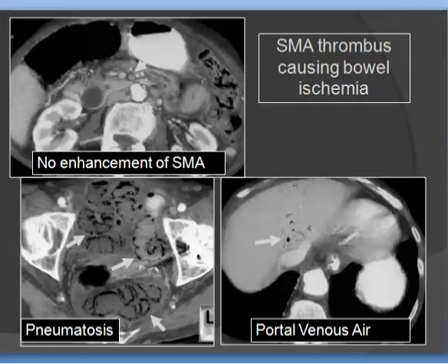Here we have one of the vessels not enhanced. This is the superior mesenteric artery. There is ischemia, and here are the dead loops showing pneumatosis intestinalis, how air is seen in the wall of the small loops, and how air is reaching into the portovenous tract, so it is portal venous air.